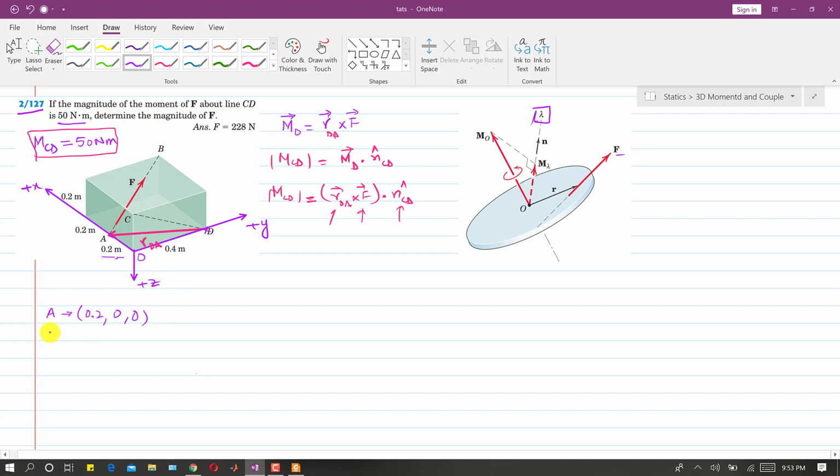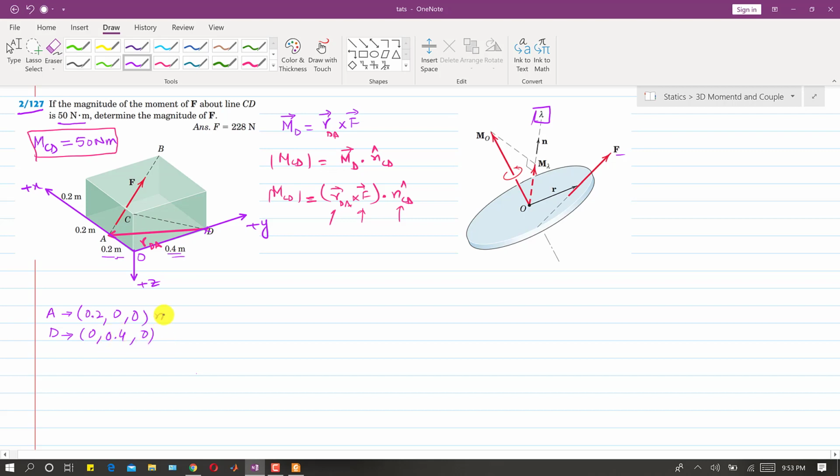Now what are the coordinates of point D, right? As we can see, to reach this point D, we will travel 0.4 meters along y, and since this point D is on the y-axis, there is no need to travel along x, and there is no need to travel along z. So this is 0 and this is 0, and along y we will travel 0.4, right?